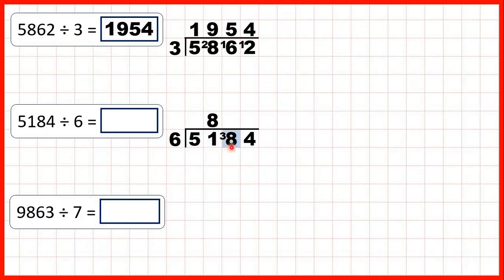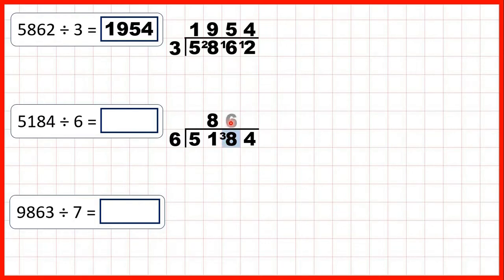So now, rather than dividing 8 by 6, because we have our remainder 3 in front of it, we need to divide 38 by 6. The closest number to 38 in the 6 times table, which is still less than 38, is 36.